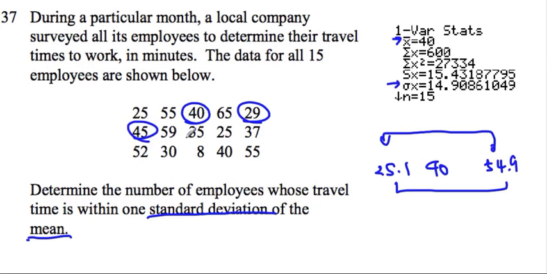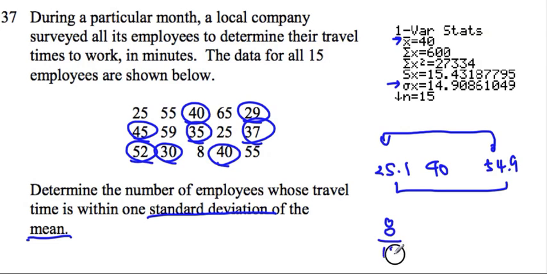Works. 59 no. 35 yes. 25 no. 37 yes. 52 yes. 30 works. 8 no. 40 works. And 55, 55 is not quite there yet. So we have 1, 2, 3, 4, 5, 6, 7, 8. So we are looking for 8 out of 15. So the number of employees is 8. 8 is our final answer then.